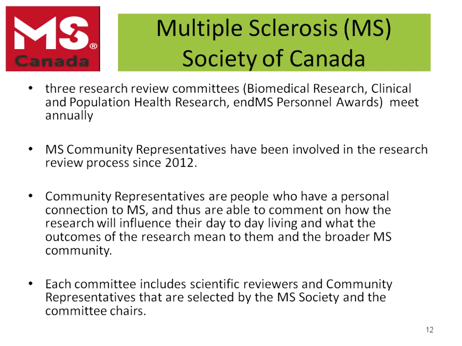These community representatives are people who have a personal connection to MS, and therefore they are able to comment on how the research will influence their day-to-day living and what the outcomes of the research means to them and the broader MS community. So each committee includes scientific reviewers and community representatives, and these people are selected by the MS Society and committee chairs.